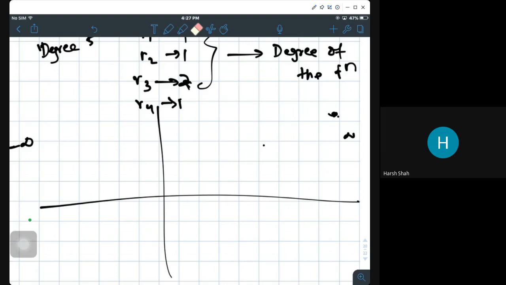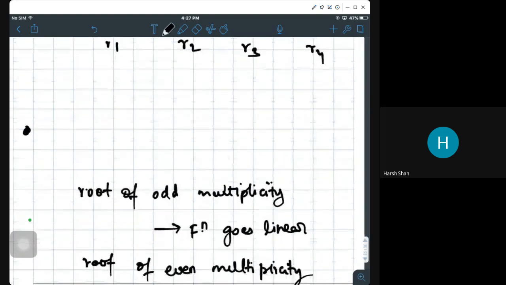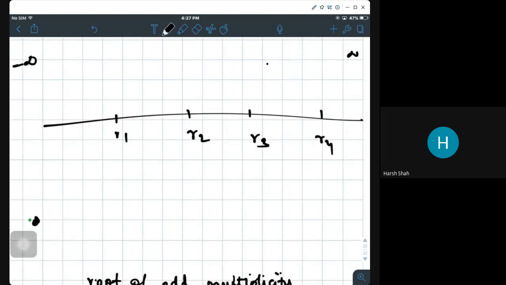Here I will not use y-axis because I don't know what my value of r1, r2, r3, r4 is. Let's say my r1 is here, r2 is here, r3 is here, and r4 is here. I'm just assuming, right? Now what I said is, a root of odd multiplicity, function goes linear. That means my function will go past like that only when it sees an odd root.